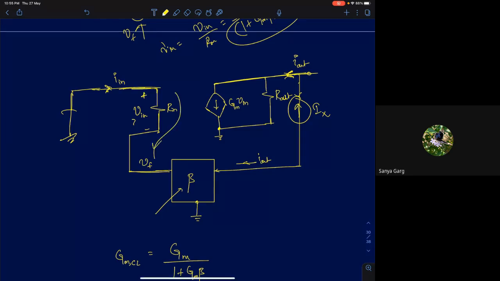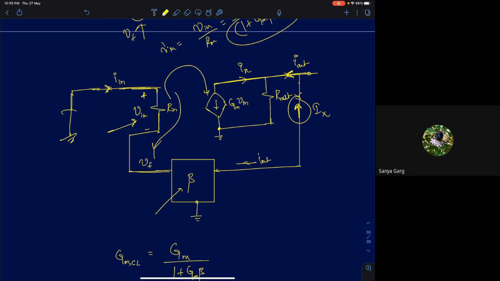So because of which your voltage Vin will be developed, and this Vin will generate a current in return. So you're injecting Ix, but a much larger value of Ix is appearing at the output.